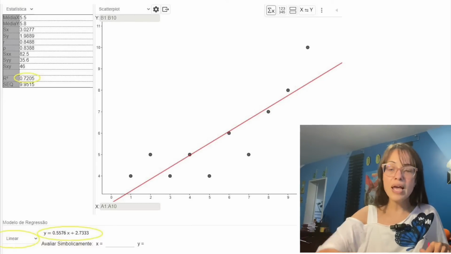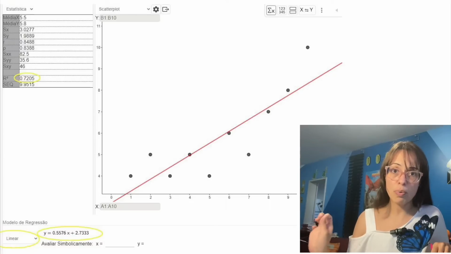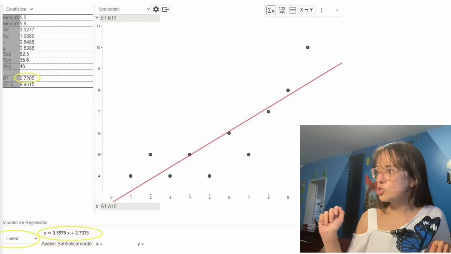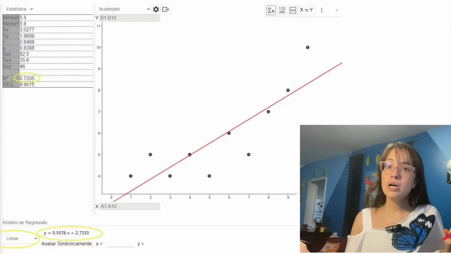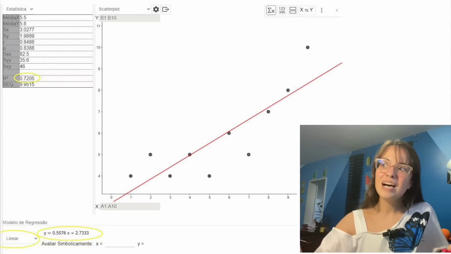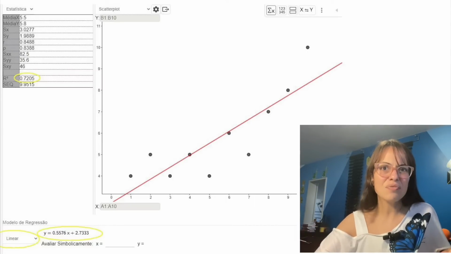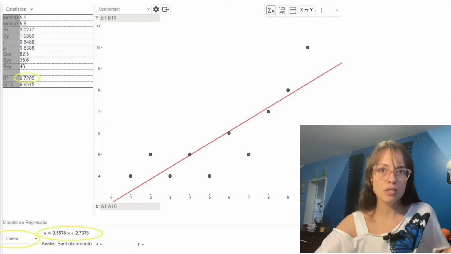But for any type of regression that you're doing, it's okay to talk about the coefficient of determination, which is this r squared. And as we can see, 0.72 is the square of some number. I'm going to let you calculate that. It's not exactly a very strong correlation, right? Which makes sense because our data didn't look linear in the first place.